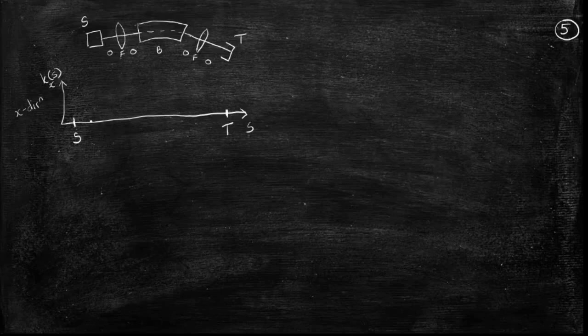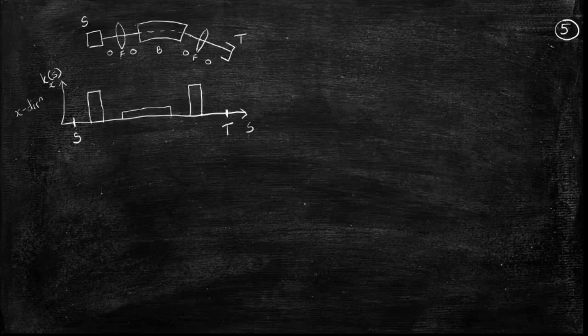So we know that K is non-zero and positive for the focusing magnet. K is equal to 1 by R square for the bending magnet.